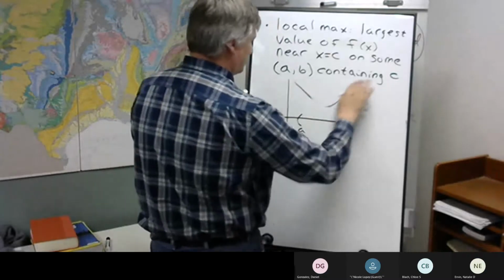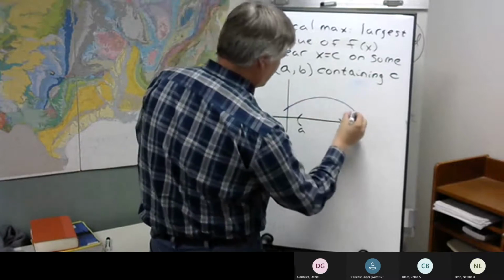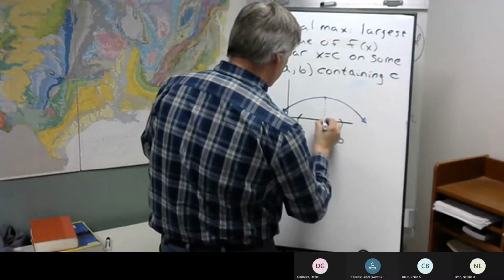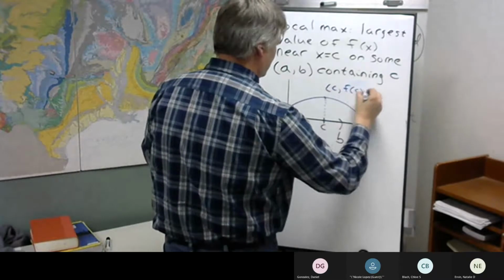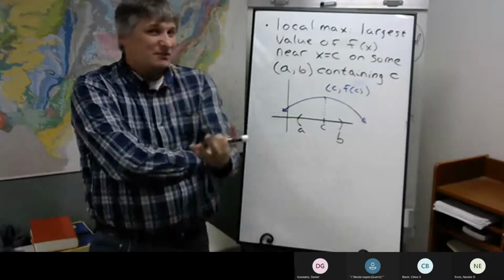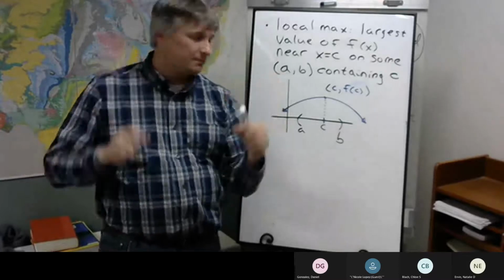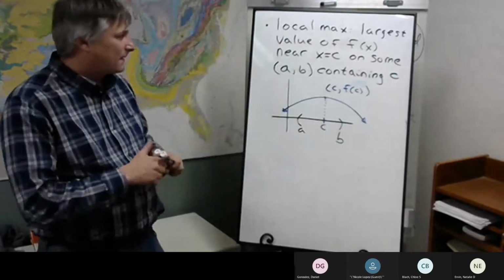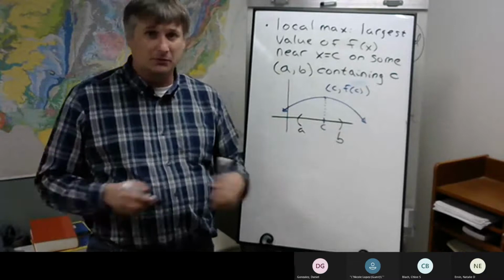Oh, sorry, wrong one. So we're looking for something that looks like this. And it doesn't look any different from when we worked with the absolute maximum on a closed interval. In this case, we're just working with an open interval, but it is going to be significant. And again, we'll talk about the difference between working with local versus absolutes within our intervals.